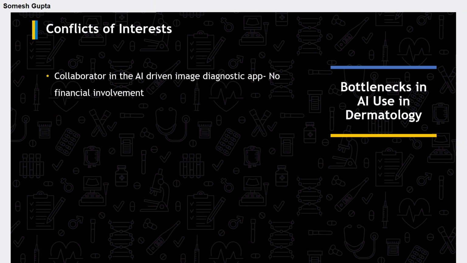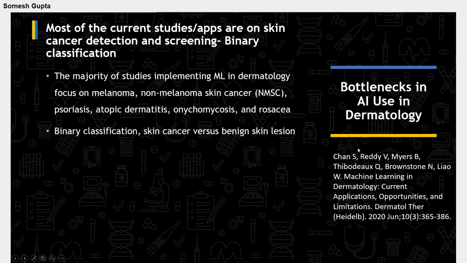When I reviewed the literature a couple of years ago, when we were writing our own original article based on our experience in skin of color, I realized that most of the current studies and apps are on skin cancer detection and screening, and many of them are based on binary classification, whether skin cancer is there or not.